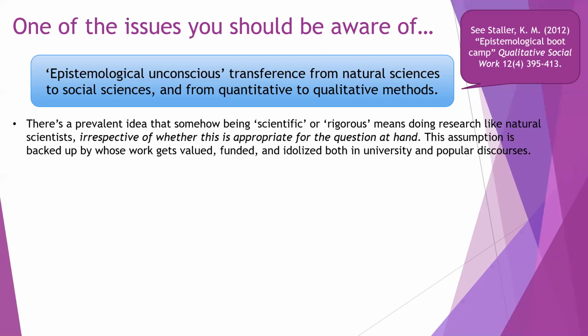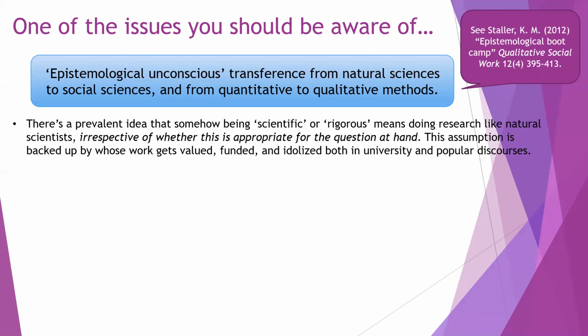Now, unfortunately, this preference for certain types of positivist, objectivist approaches gets backed up by structures and by discourses. All of these words are part of the jargon. We're going to get into some of them. But whose work gets valued? Whose work gets funded?